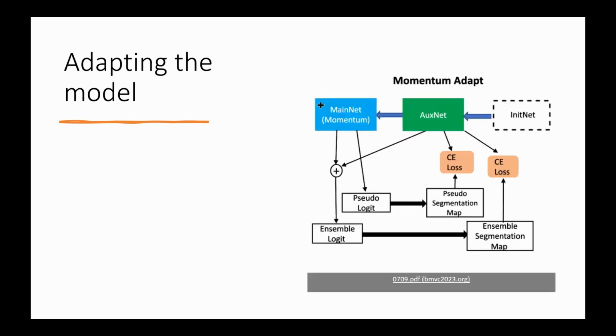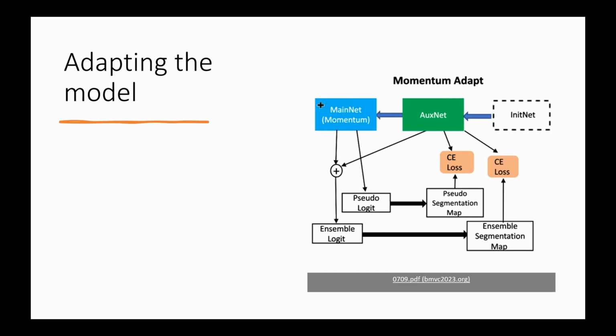And then in the momentum adapt, yes, the architectures are the same, and this is an exponential average smoothing. What really happens is that we smooth the weights of the, let's say, previous time step mainnet, and then we add a fraction of the AUXnet weight to it.